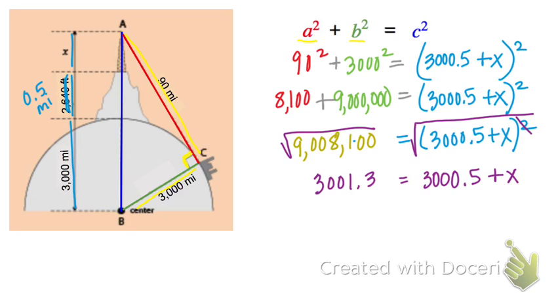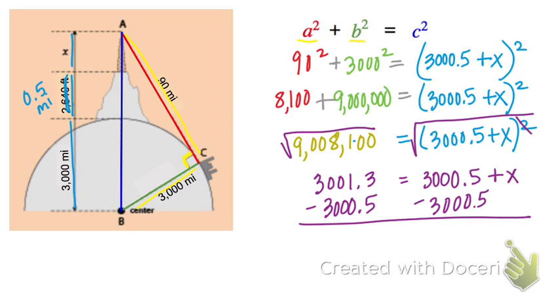Now to solve for x, I'm just going to subtract the 3,000.5 from both sides. And when you do, you see that x equals 0.8. And remember, we're solving this in terms of miles. So it's 0.8 miles. So that is the height of this tower right here.